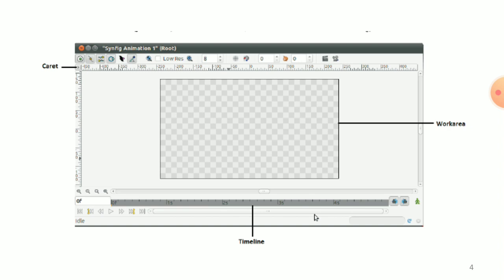I will discuss what a canvas, a caret, and a timeline are. Okay, let us start.